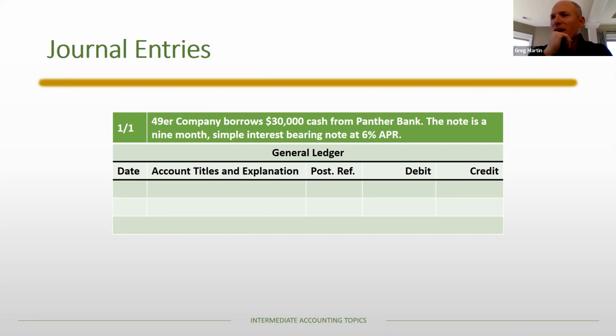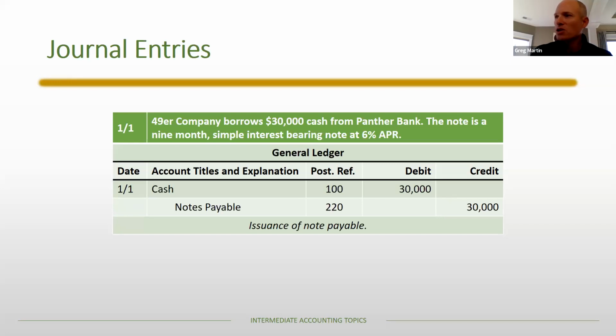Hunter, you have a negative in front of that. Okay, there you go, you were ahead of me. Yeah, debit cash, good. And what's the other half of that? Credit to notes payable. Good, very good.